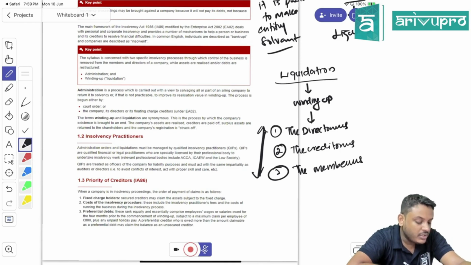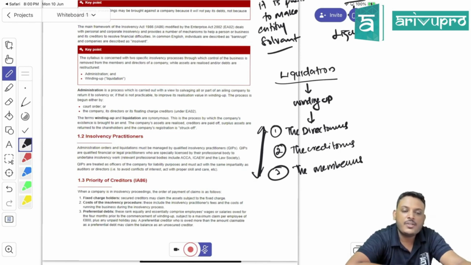Creditors have sufficient ground through court to request winding up.